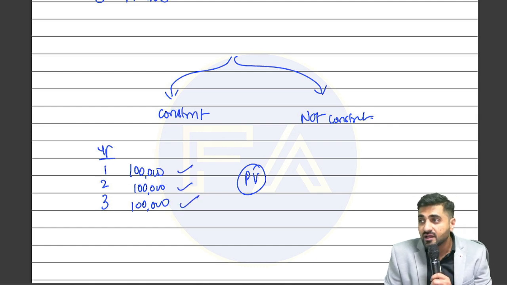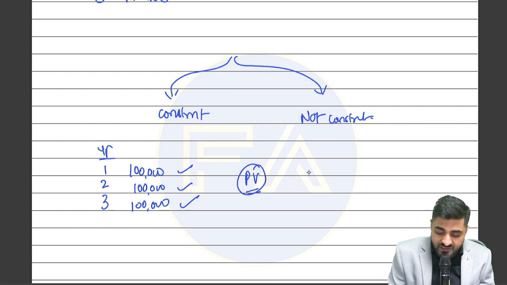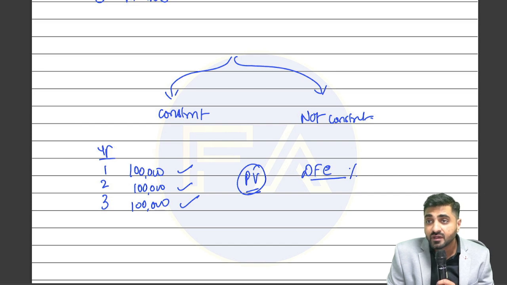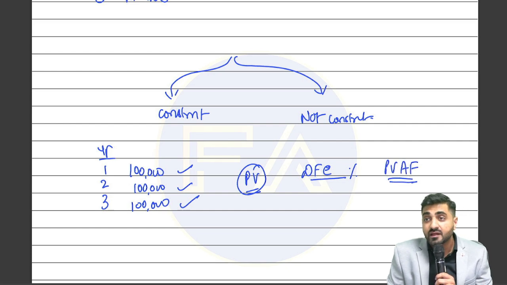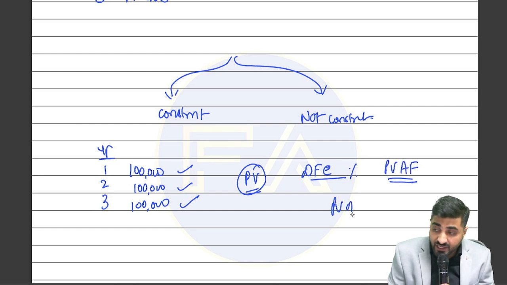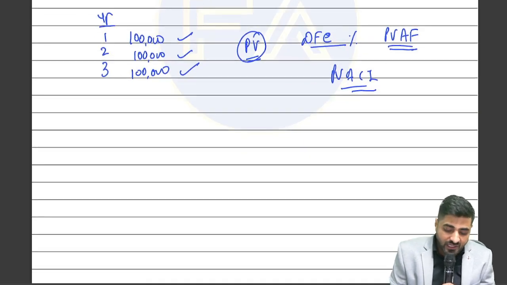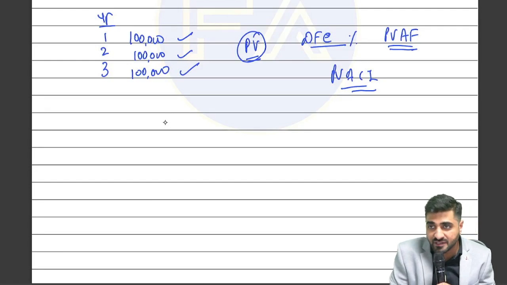Yes, sir. So if I want to calculate the present value, can I say whatever is the discounting factor, I will take the present value annuity factor, and will I be getting the PV of CI? Come on, yes or no? Yes, sir. Okay. So apparently, let's say for example, the discounting factor is 10%.